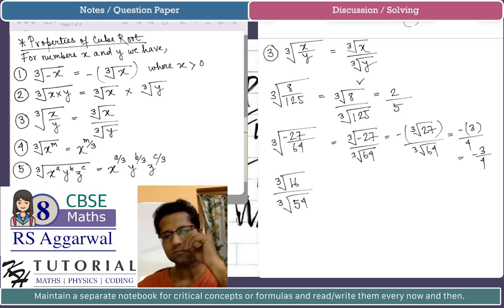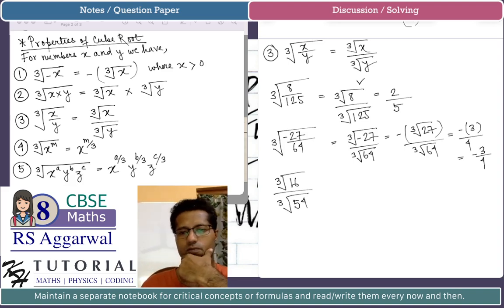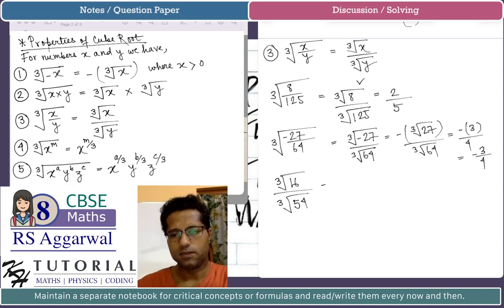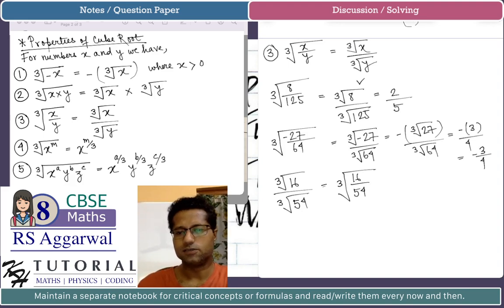Now you can see that 16 is not a perfect cube, also 54 is not a perfect cube, but we know that this will be equal to cube root of 16 by 54. If you simplify 16 by 54, it becomes 8 by 27.